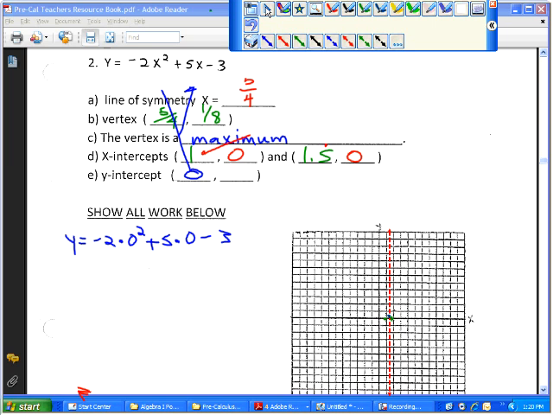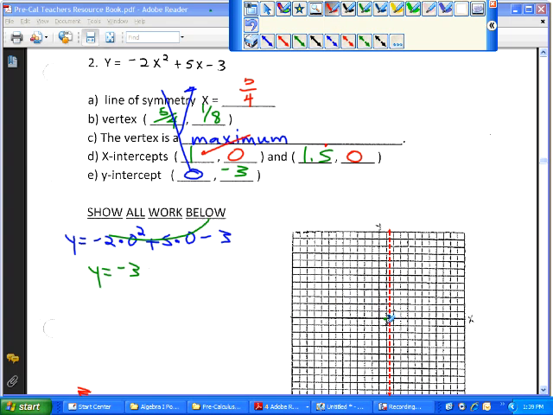To find the y-intercept, you let x be 0 in your equation. Now that wipes out that whole front part, and you just got y equal negative 3. That's pretty easy to solve for. And we could plot that point.